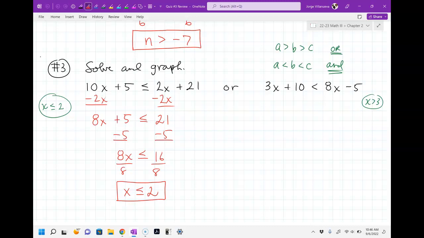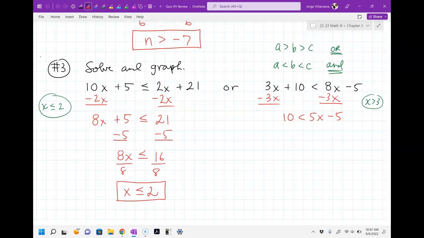3x plus 10 less than 8x minus 5. Again, I like doing letters first. So 3x is going to go over to where the 8x is. So let's subtract 3x. So that gives me 10 less than 5x minus 5.